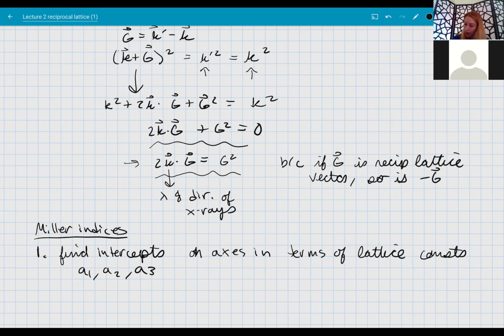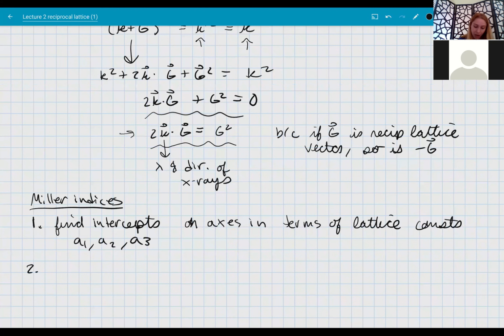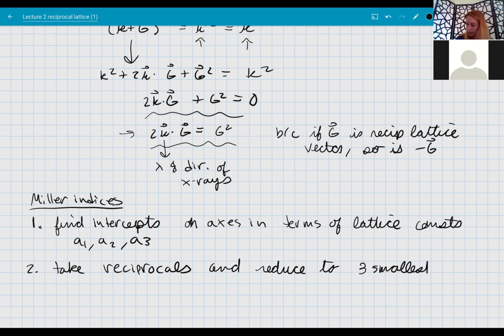And then you take the reciprocals of these numbers and reduce to the three smallest integers. And then you express these results as three numbers in parentheses.